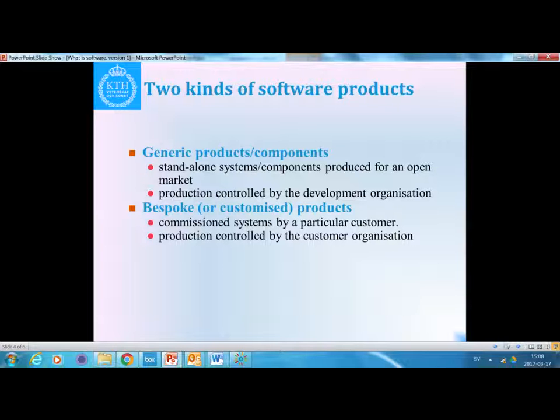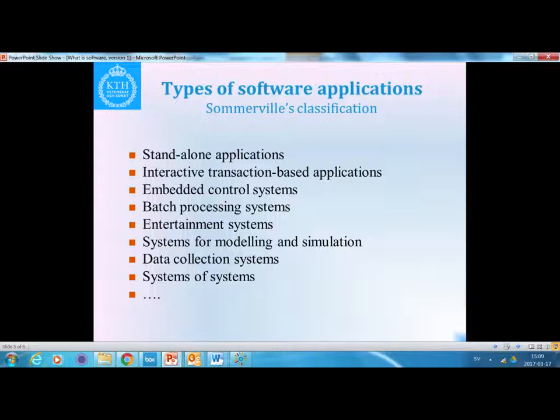A specific customer wants to have a system that is tailored to their own needs, that is only developed for them. And it is the customer who specifies the requirements. And that's why we can say that the production is controlled by the customer organization and the developer has to adapt to these requirements.